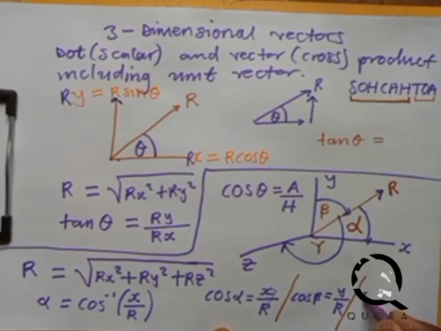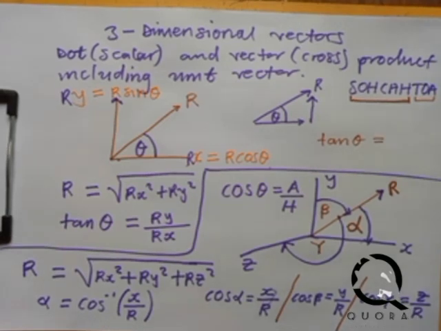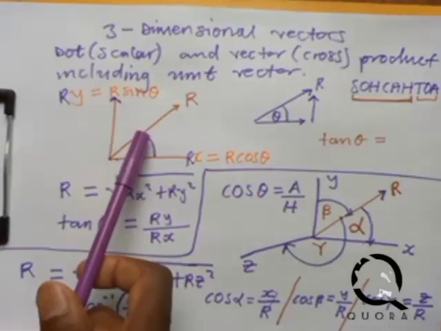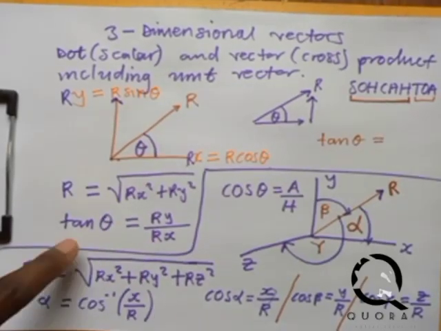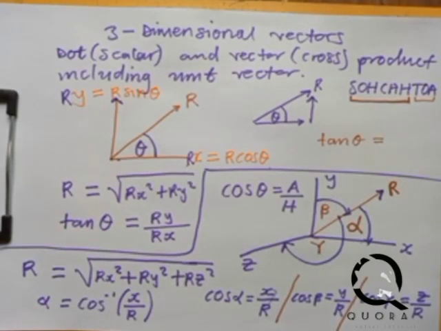I'll also say cos gamma is equal to z over the resultant. This is how we find the angles for three-dimensional vectors. We don't find the angle in reference to the resultant using tan. Tan only applies to two-dimensional vectors.